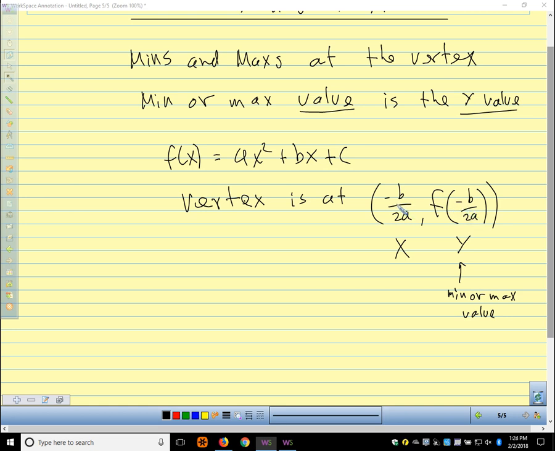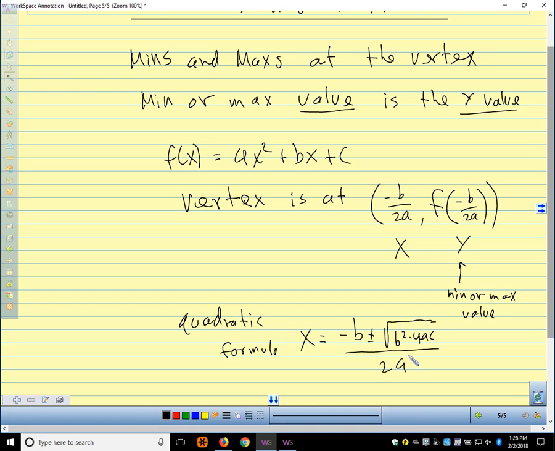And does this negative b over 2a look familiar at all? What is it, Megan? The quadratic formula. Quadratic formula, x equals negative b plus or minus the square root of b squared minus 4ac, all over 2a.